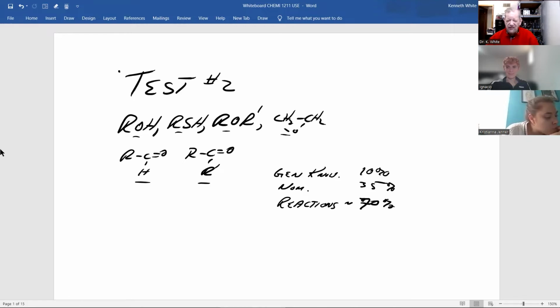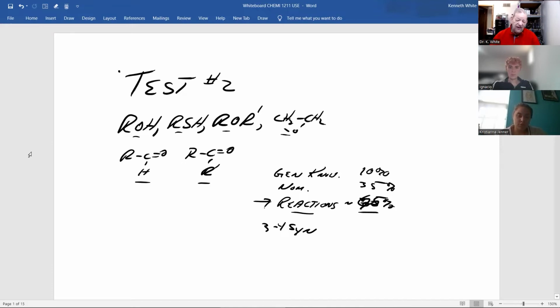So probably one of these is a little lower, but the majority of the test, about 65%, let's make this 65, will be reactions. And there'll be 3 or 4 synthesis problems. But the bulk will be give the organic product or products. And general knowledge are things you should know about.